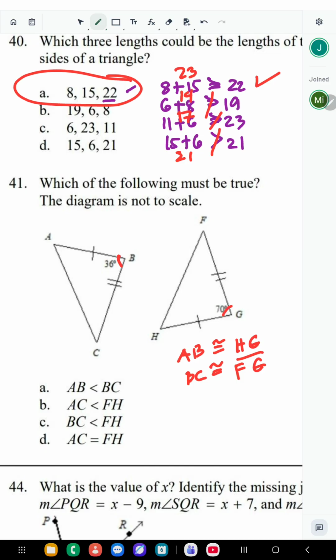I think they are just similar triangles. Because this one is 36, this is 70. So FH is greater than AC. Yeah, so this one should be the answer, letter B.